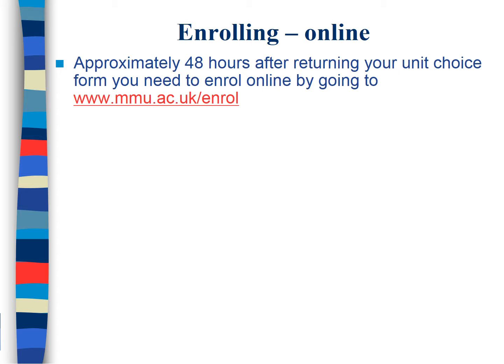As mentioned earlier, you need to go through a formal enrolment process, and to do so, your unit choices must be returned so your student record can be set up. Approximately 48 hours after returning this form, you need to go to enrol online. And you do this by going to the enrol web address noted on screen.